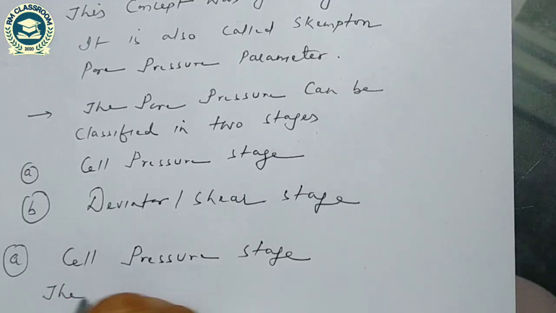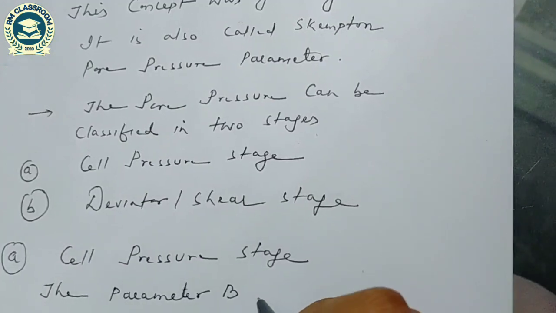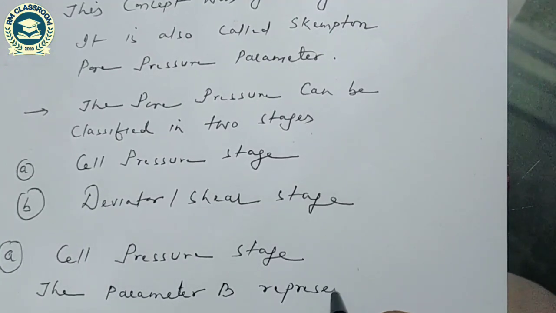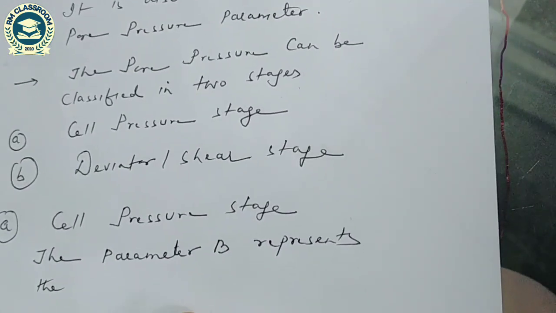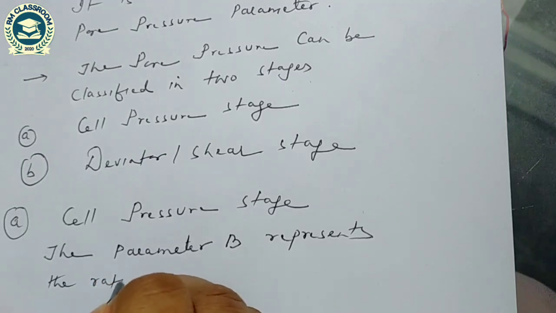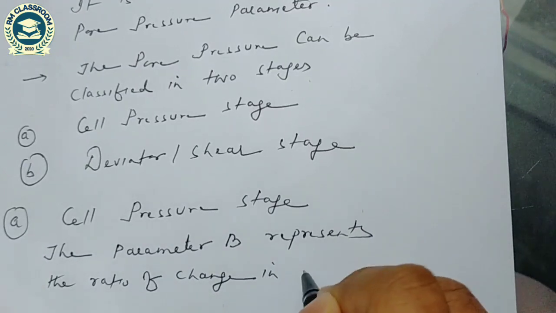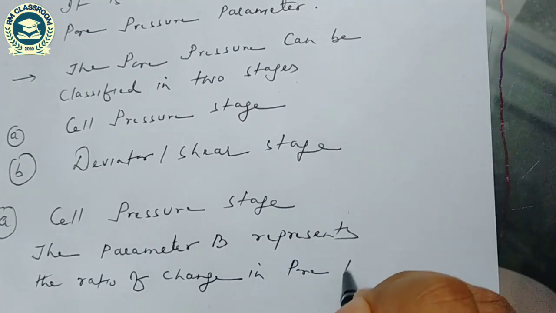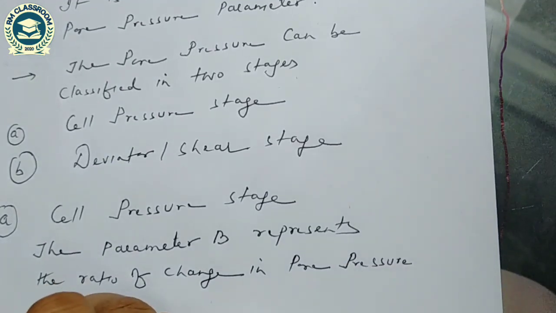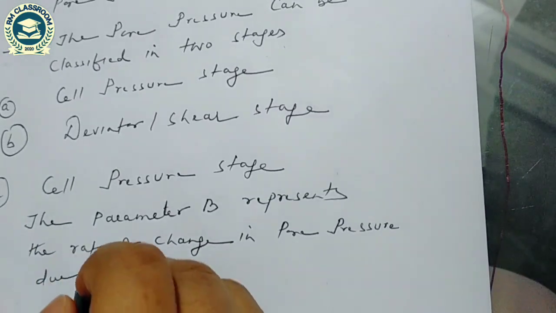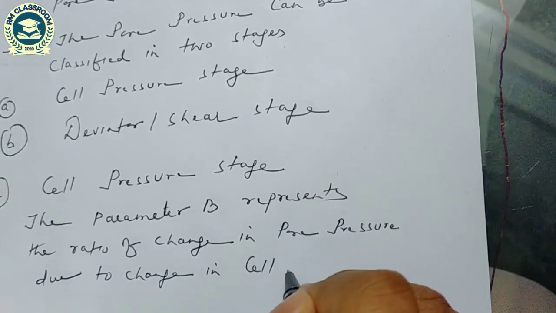The parameter capital B represents the ratio of change in pore pressure due to change in cell pressure.